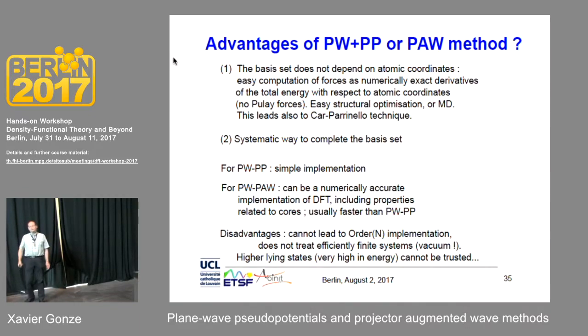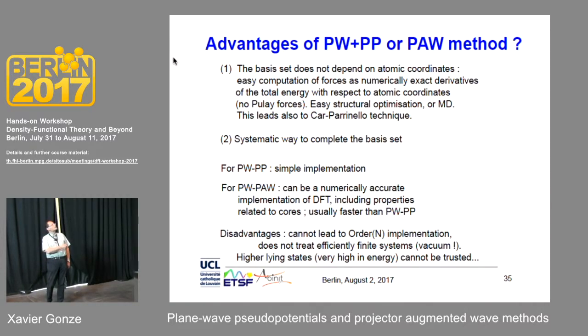Actually, this works also at the higher level when computing phonons using density functional perturbation theory, so direct computation of phonons. We will have no complications related to the dependence of the basis set on the position of the atom. So we will have easy structural optimization or molecular dynamics, and also the Car-Parrinello technique is easily implemented.